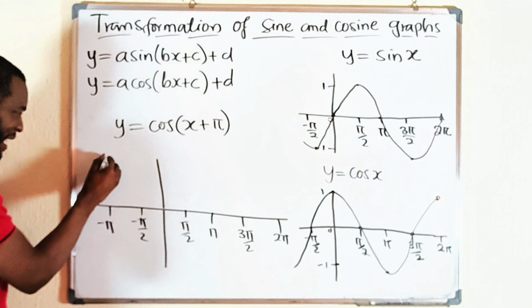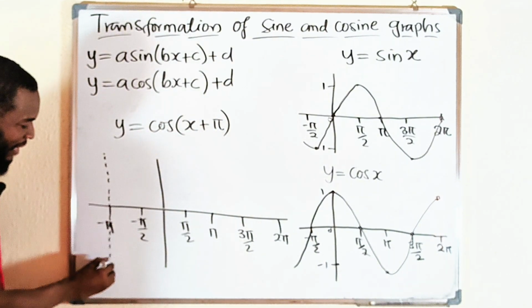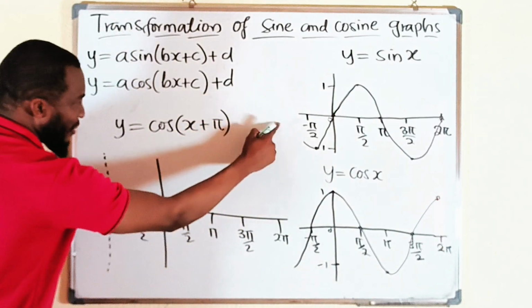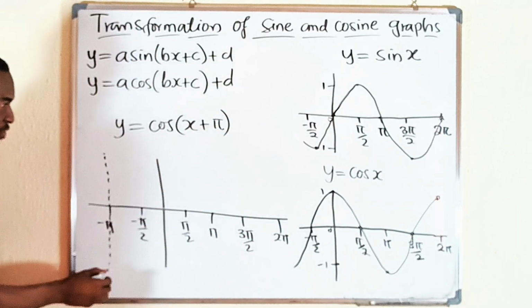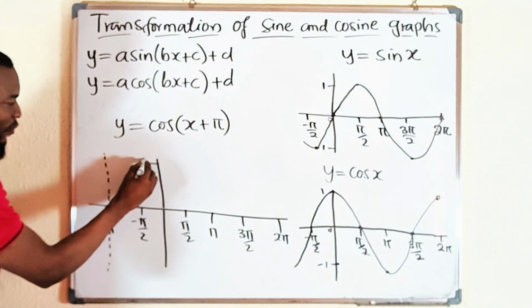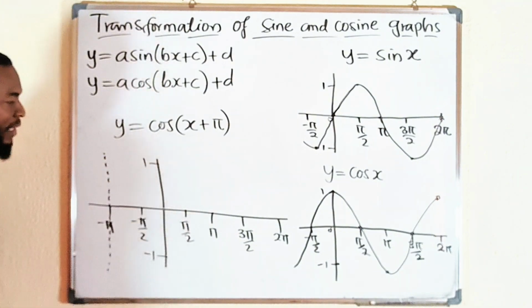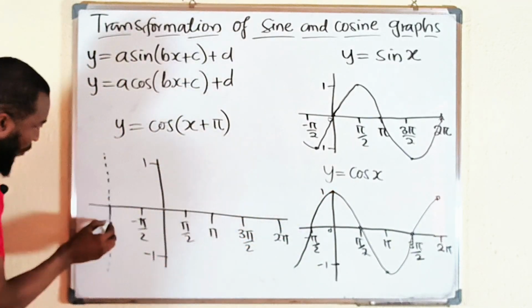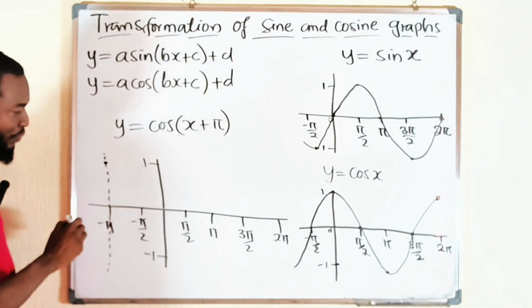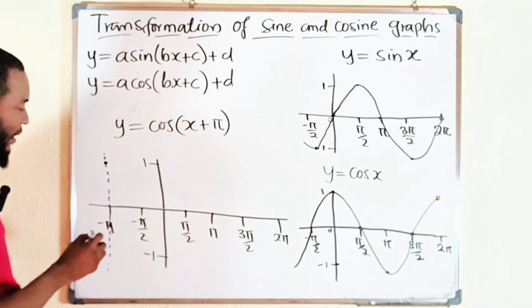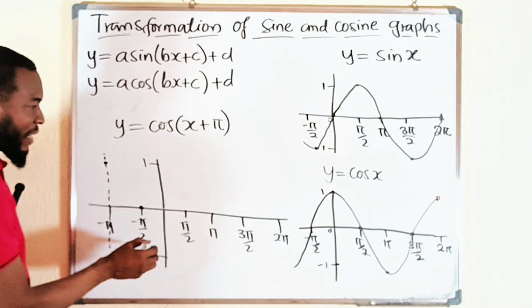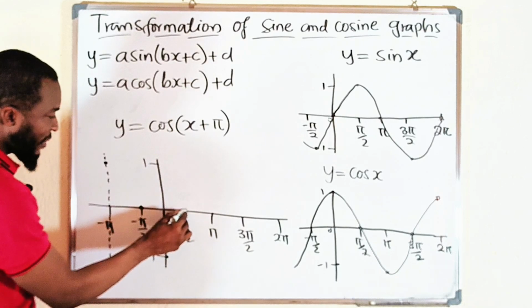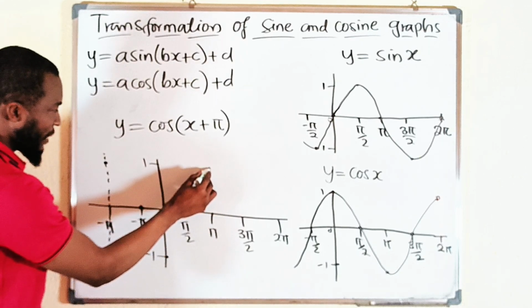Assuming this is our imaginary axis, I'm going to show you how to draw the imaginary axis as well when you start having plus something here. So this is the imaginary axis where we're going to stop. If this is 1, this is negative 1, you always start from the maximum, right? So this is where we started. We have maximum here, then down to 0, then down to negative 1, then back to 0, back to 1.